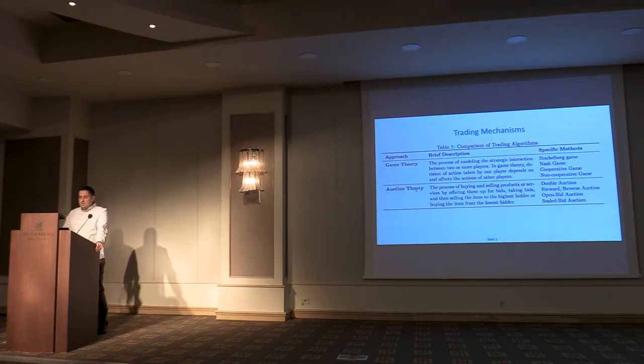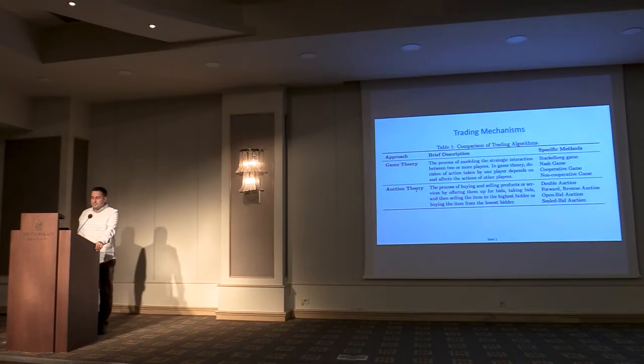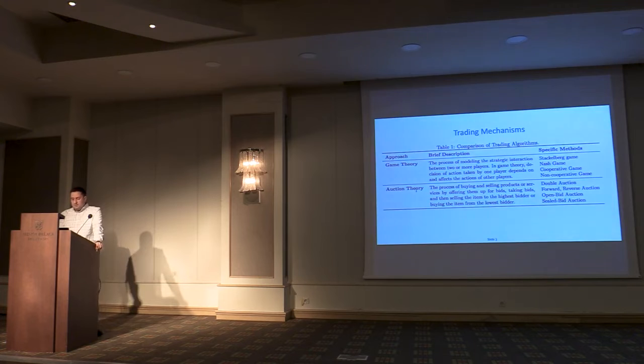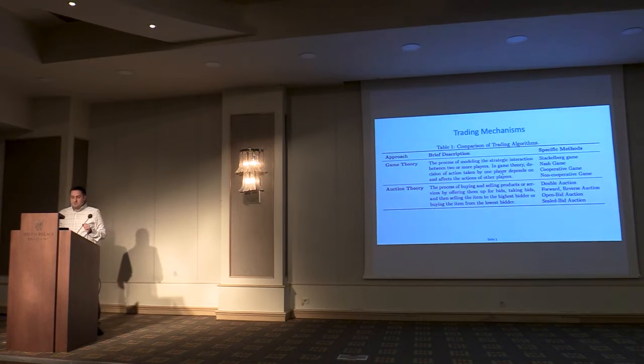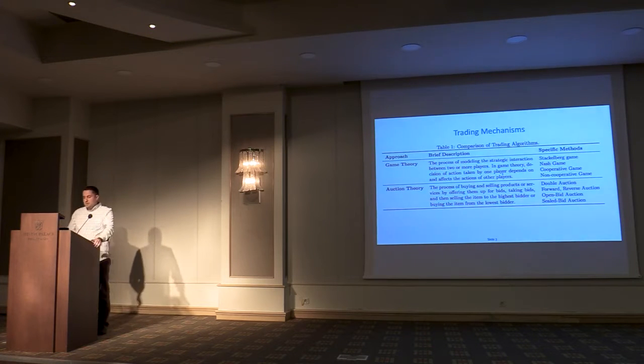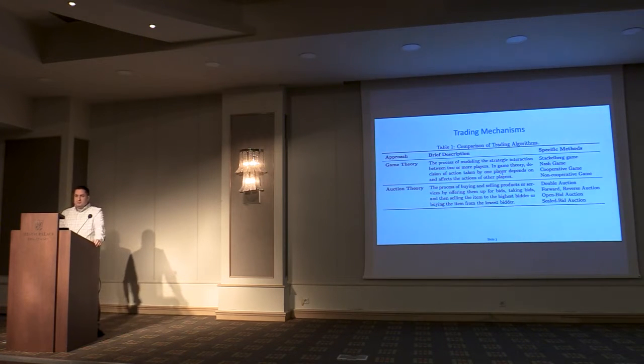In fact, game theory is the modeling of interaction between two or more players. The most important thing in game theory is that the decision of action taken by one player is dependent on and affects the actions of other players. Because of this, there is always iteration.